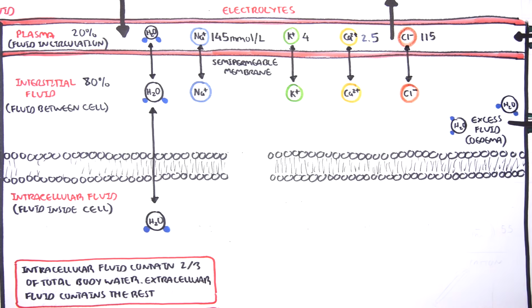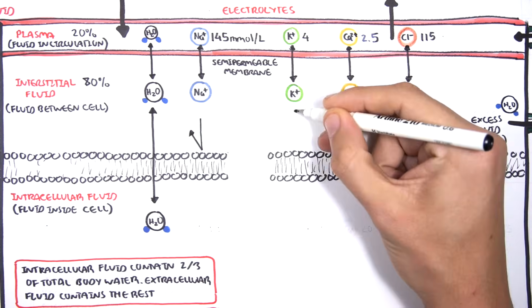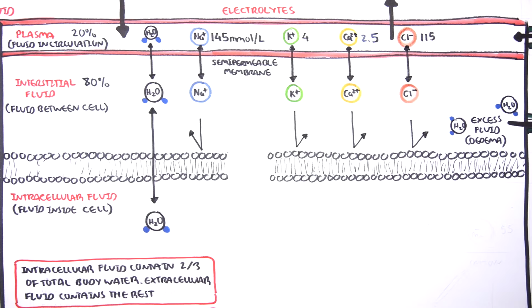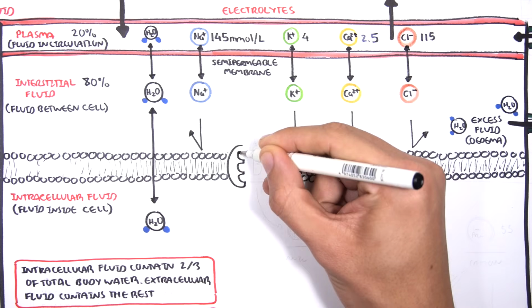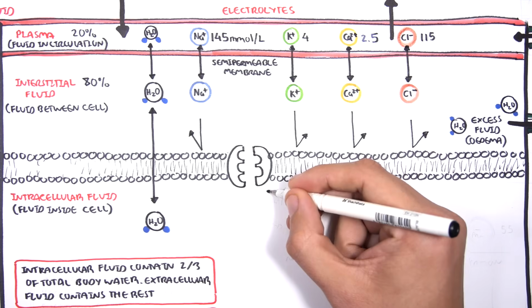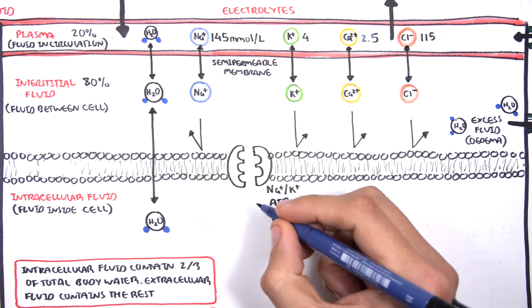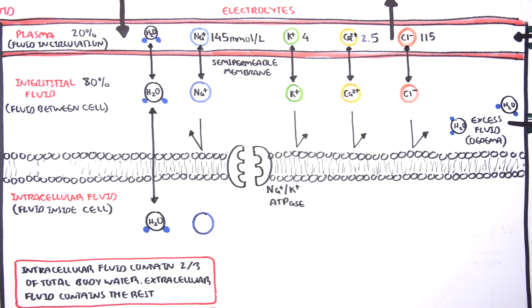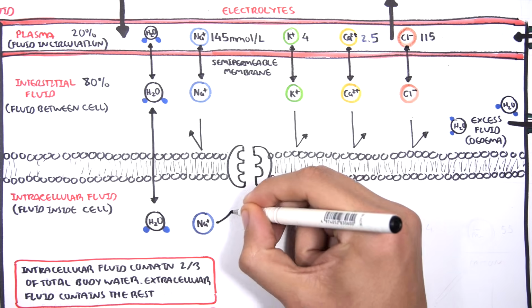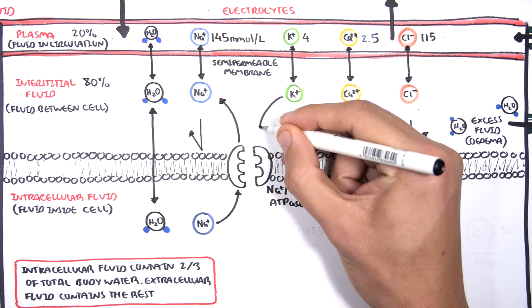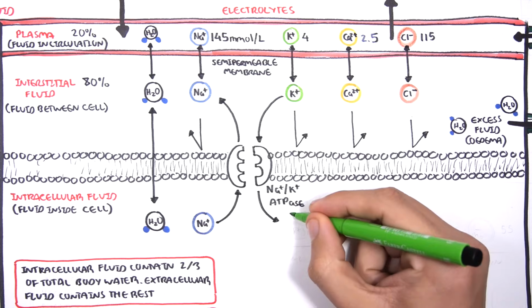Electrolytes can't just move through the lipid membrane between the extracellular fluid and the intracellular fluid. They often rely on transport channels. For example, sodium and potassium move via sodium-potassium pumps, where 3 sodium is transported out of the cell in exchange for 2 potassium inside the cell.